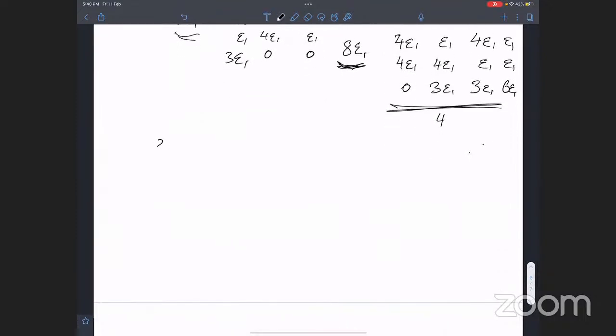So along X, I can have E1, 4E1, 9E1, and so on. Along Y also I can possibly have E1, 4E1, 9E1, and so on. Along Z I can have any value, from 0 to infinity.